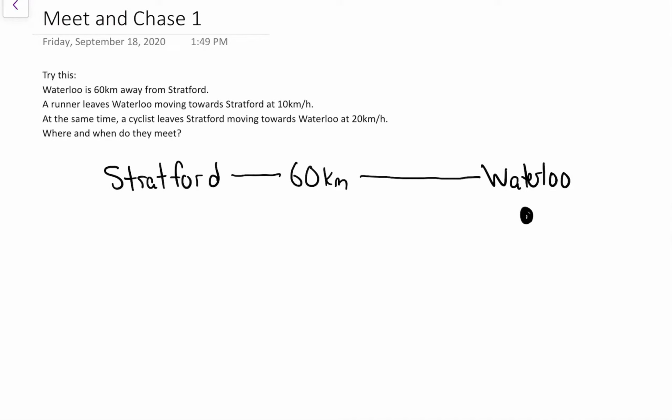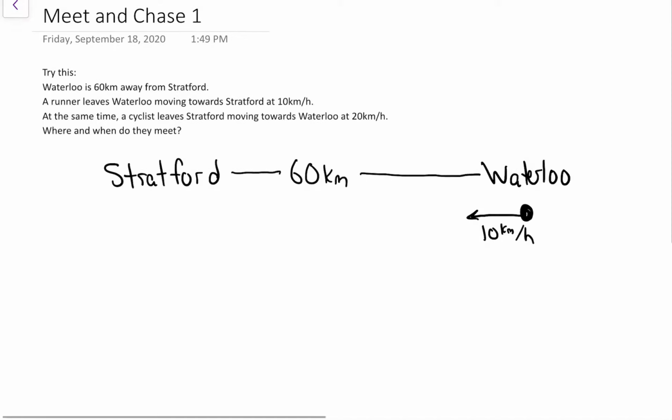I'm not even going to try and draw a runner today, but this object is going this way at 10. A cyclist leaves Stratford, headed towards Waterloo, going at a rate of 20. The question asks for where and when they meet.